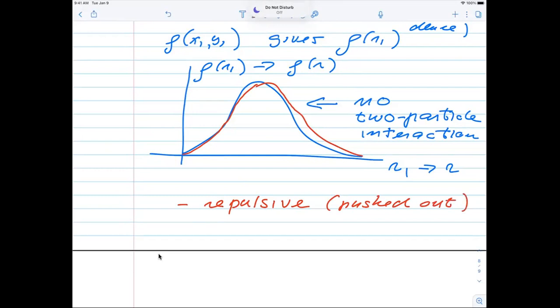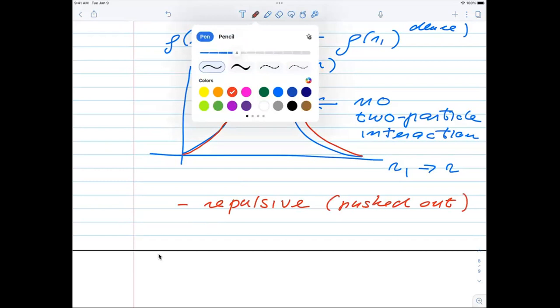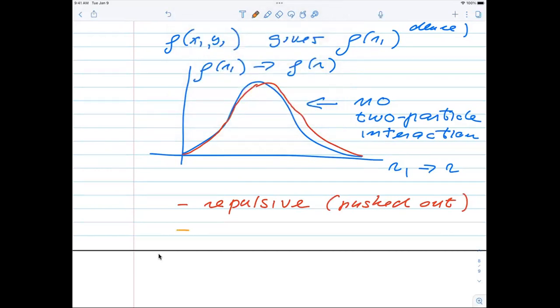The next thing I could do now is to have an interaction which is attractive. And then clearly, if I do that, what I will see is something like this. So I will get an interaction then on a density here, which looks like this. So that means that it's pushed in, or pulled in would be better, actually. That would be the better verb here. So this would be pulled in.